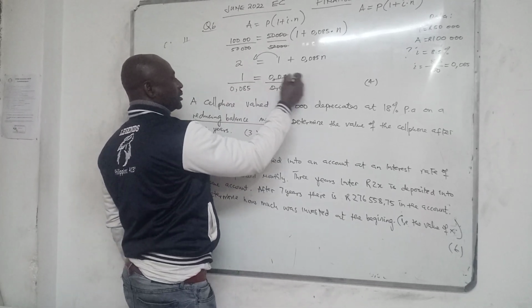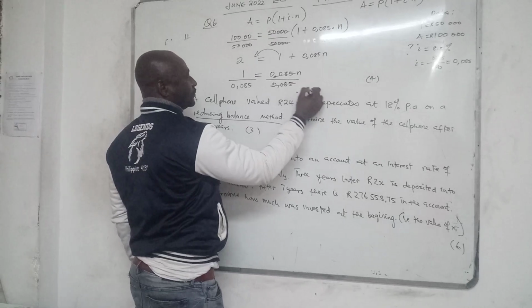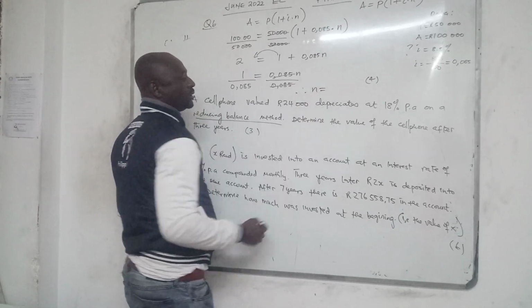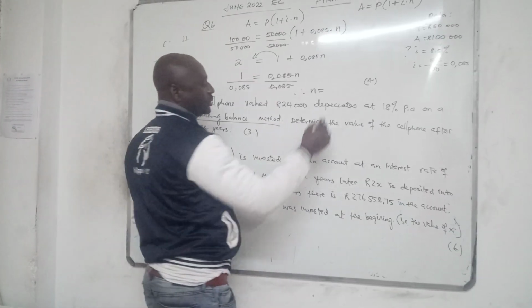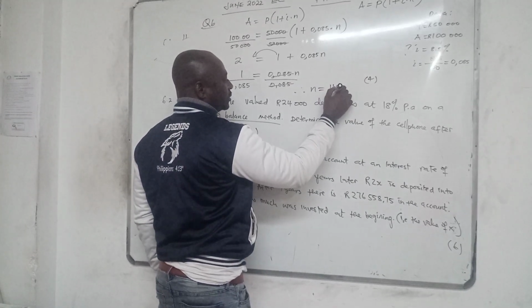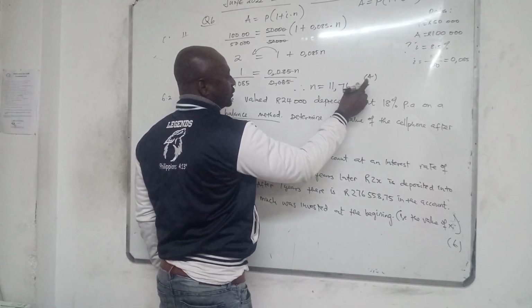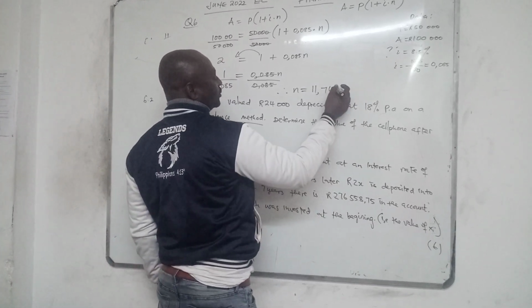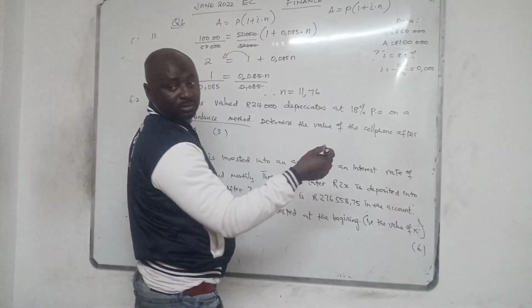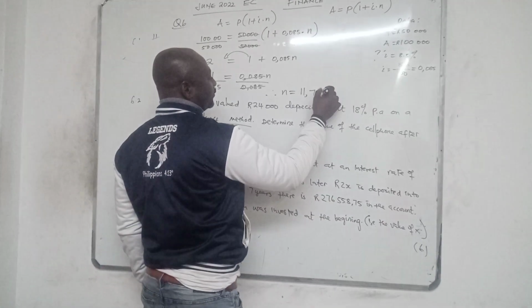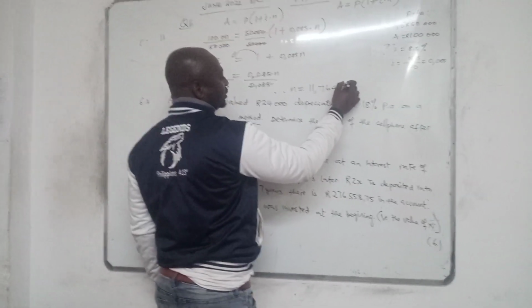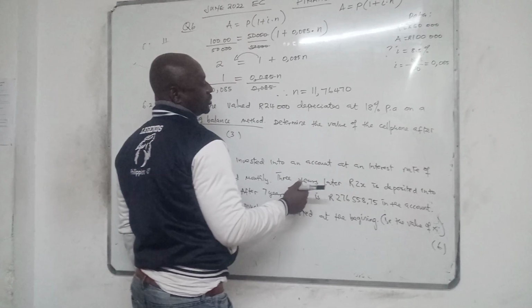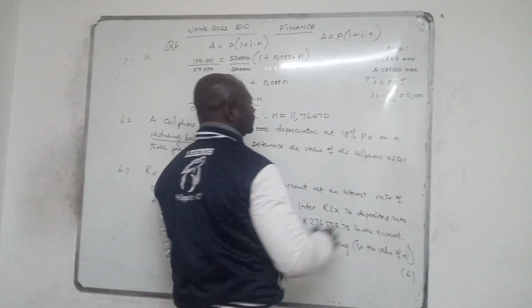And this will cancel that. Therefore, what is our N? N is equal to 11.76470.